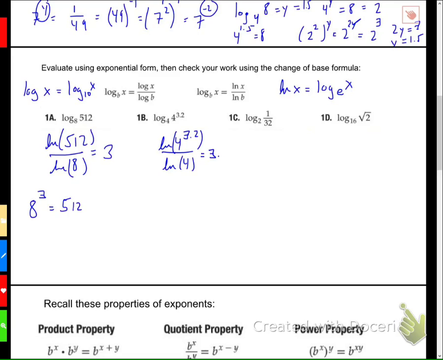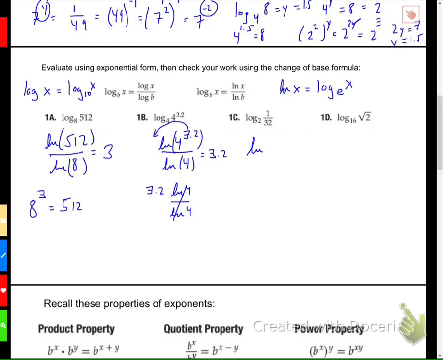We know actually that 3.2, that power, can come down to the front. We've seen that before from Algebra 2. That gives you 3.2 natural log of 4 over natural log of 4, which should be equal to 1. So it makes sense that if you've got something with a power and the base was the same, it really should just cancel out and give you that power.